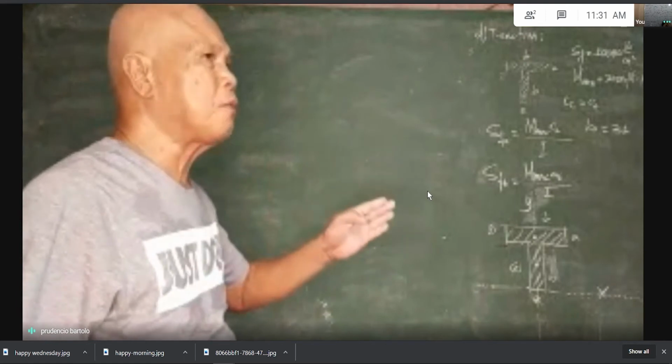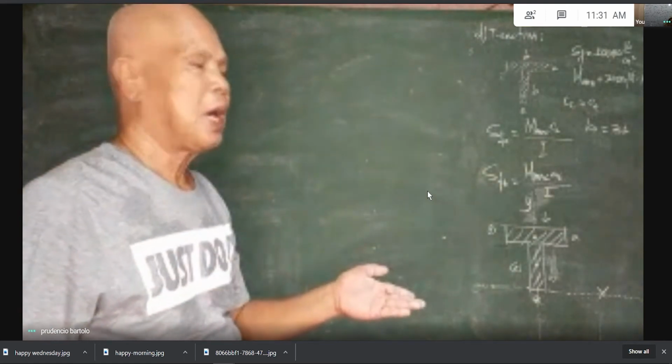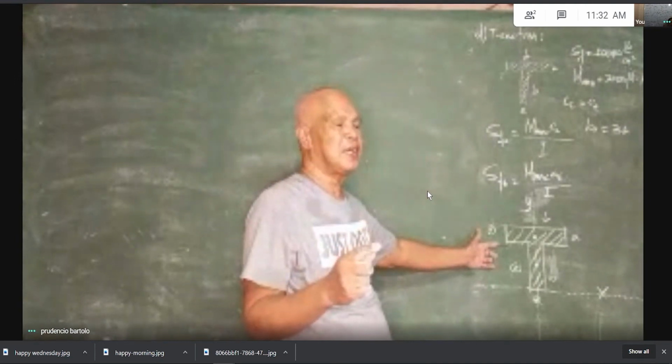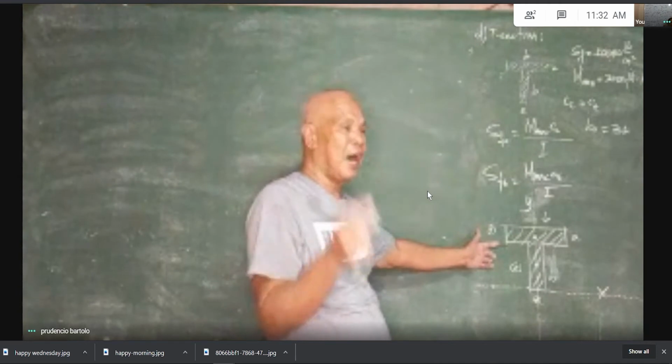When we project a reference axis, we have to analyze the figure to see if there is a possibility that the reference axis will coincide with the centroid of the individual figures involved.